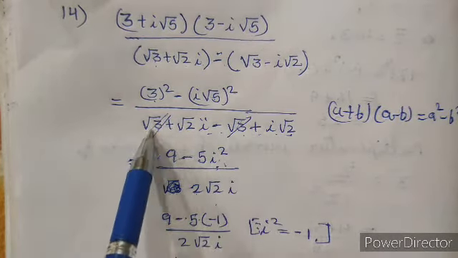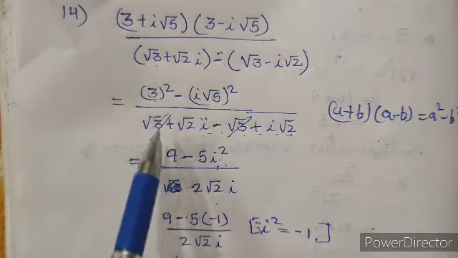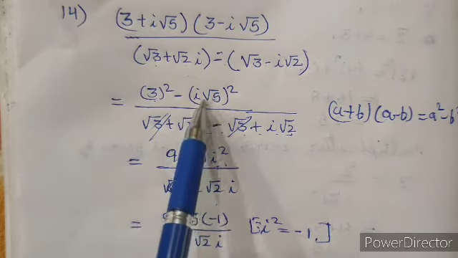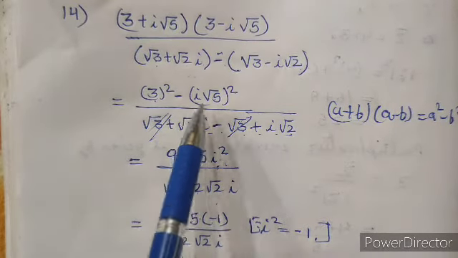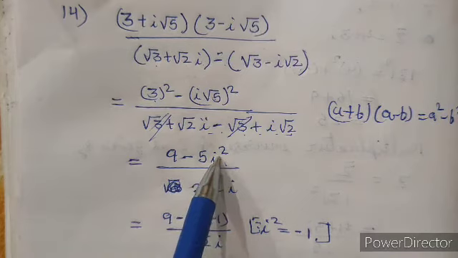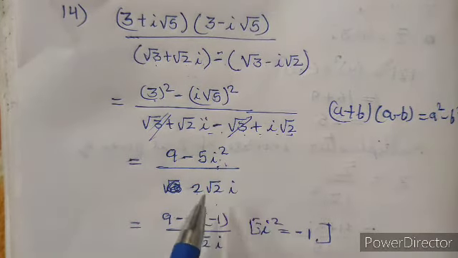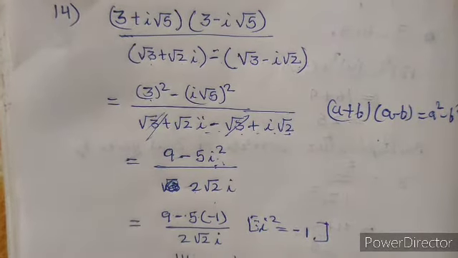Here root 3 will cancel out and square of 3 will be equal to 9, and square of root 5i will be equal to 5i square. Now root 2i plus root 2i will be equal to 2 root 2i.